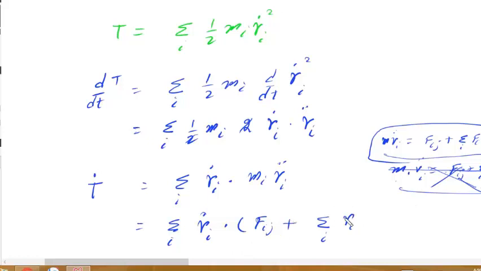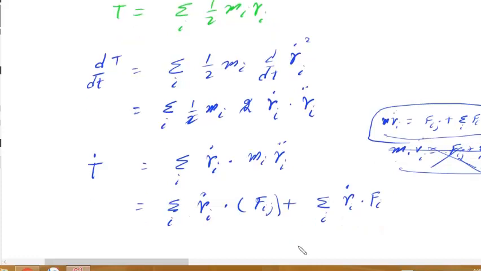And then we multiply this by r dot I, and then multiply by this one.